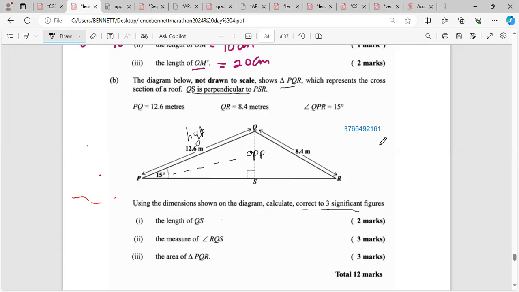Sin is opposite over hypotenuse, cos is adjacent over hypotenuse, while tan is opposite over adjacent. Students always mix them up for some reason. Once you label it, guys, this will be the adjacent.